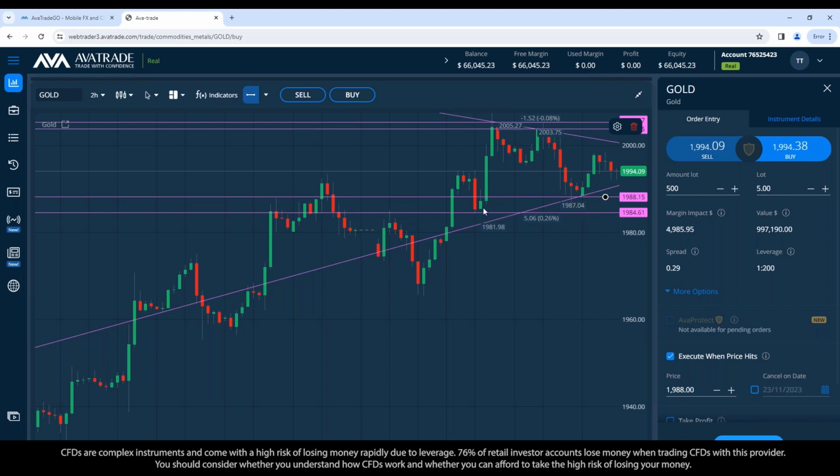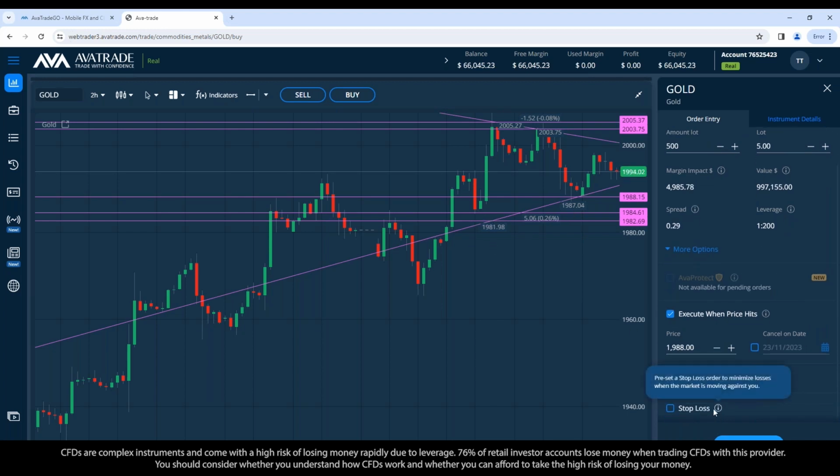Stop loss would be down below this support, which would be down at about, let's say 1982.50. Okay, so right about there or a little lower would be the stop loss, which is below the support level. So 1982.50.